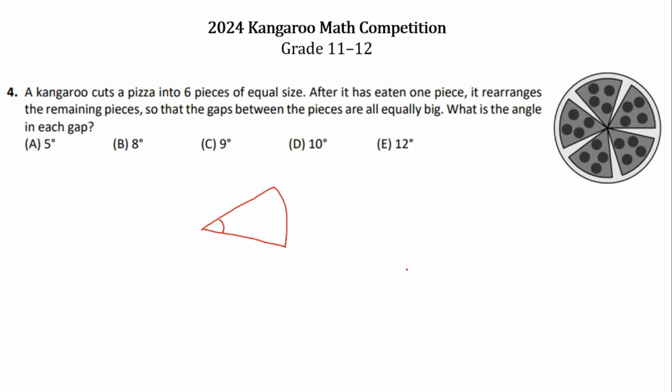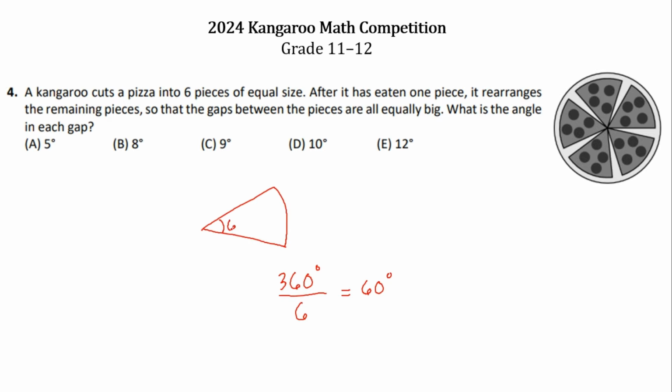This angle right here. Since the total measure is 360 degrees, we can divide 360 degrees by 6 since there are 6 pieces or slices. So each slice will form 60 degrees, right?